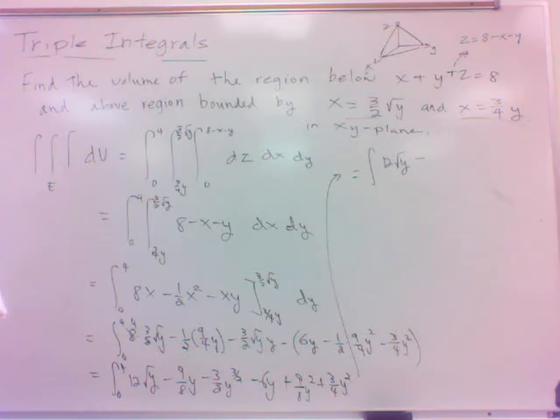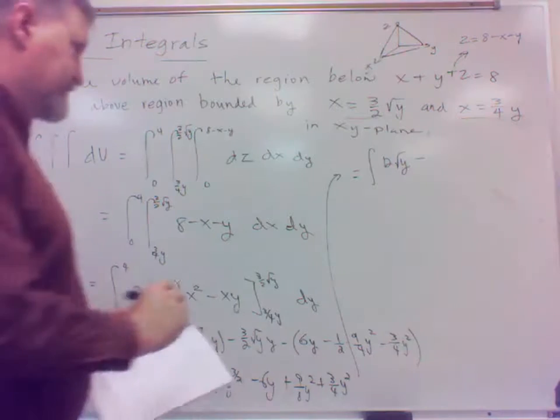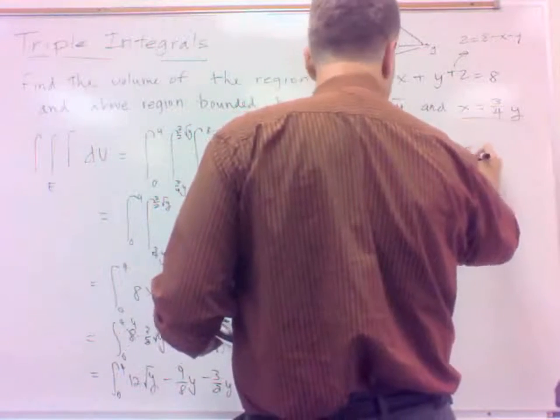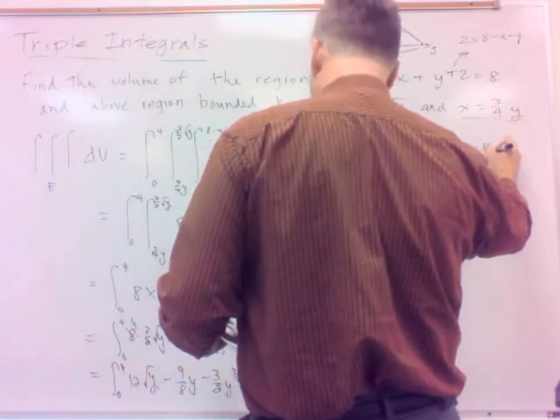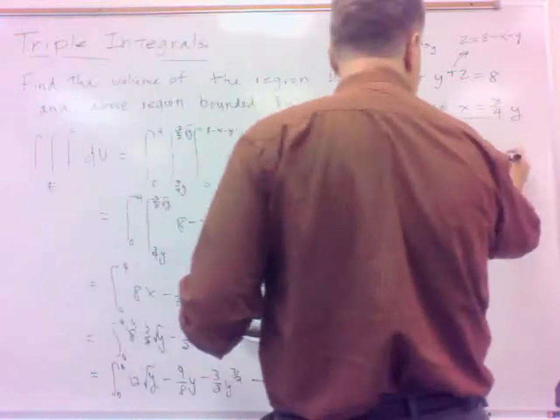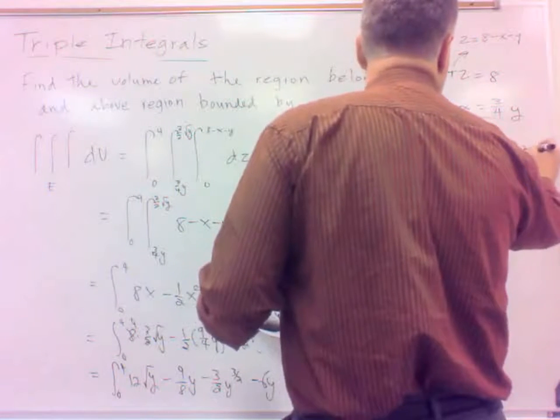Is that right? I'm doing my... Okay, 57/8 y minus 3/2 y to the 3/2. And then the y squareds, we've got 9/8 plus 6/8, so it's 15/8 y squared.